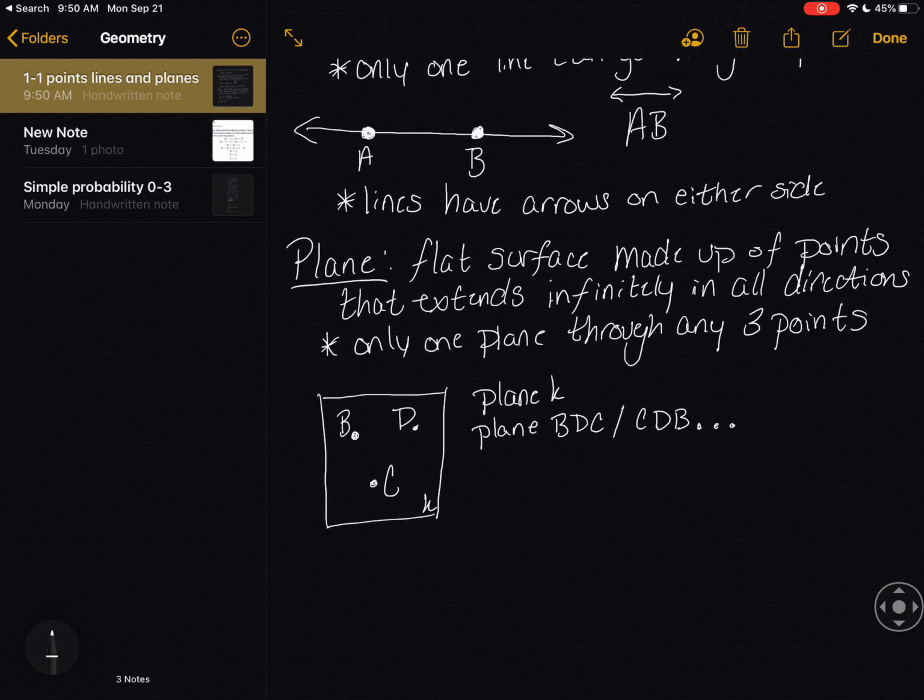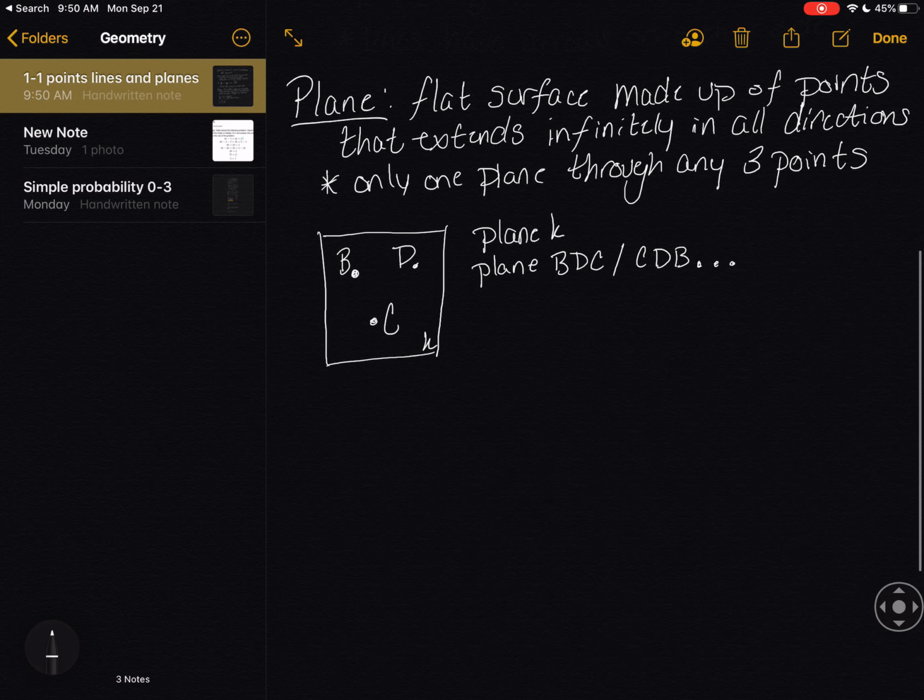Okay, so some more vocabulary terms. We've got a lot today. So we've got collinear, and collinear are points that lie on the same line.